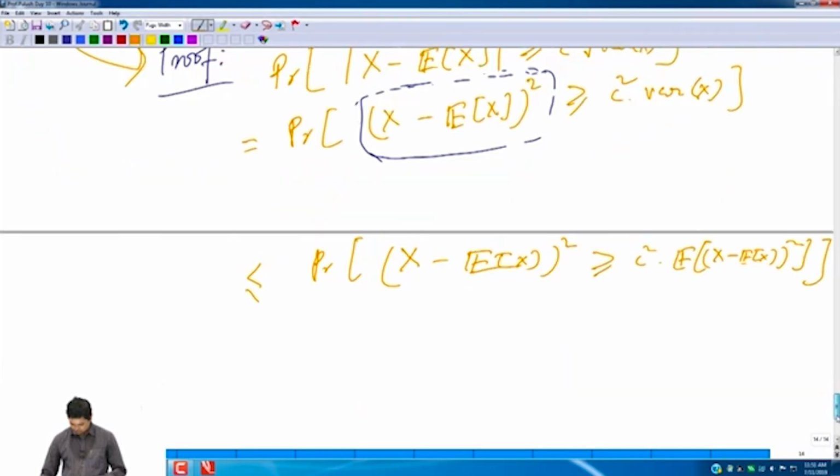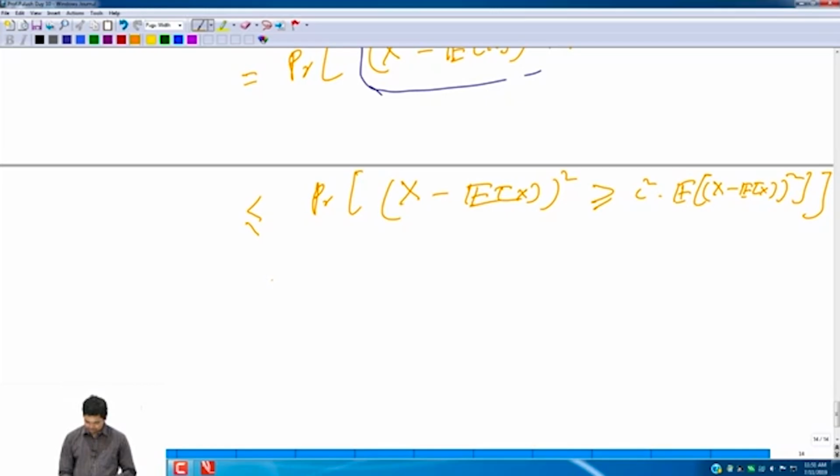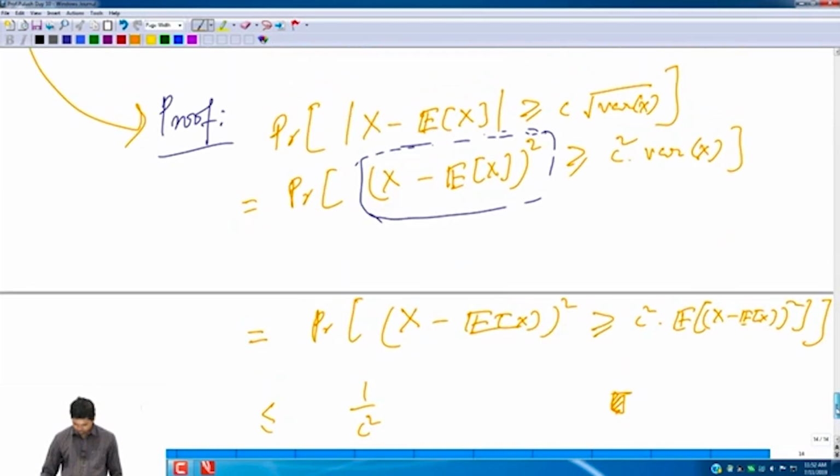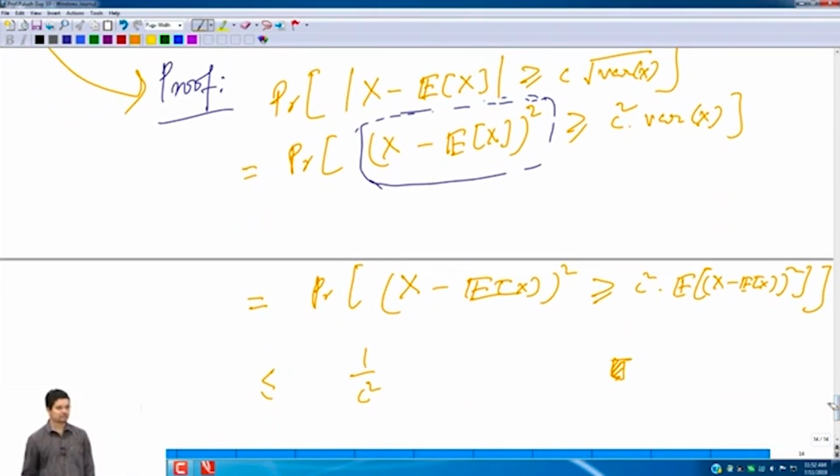Now it is Markov, and this is what? So this will be equality. Again, this shows relation from the last line with the last line, and this is less than equal to 1 over c square. Question.